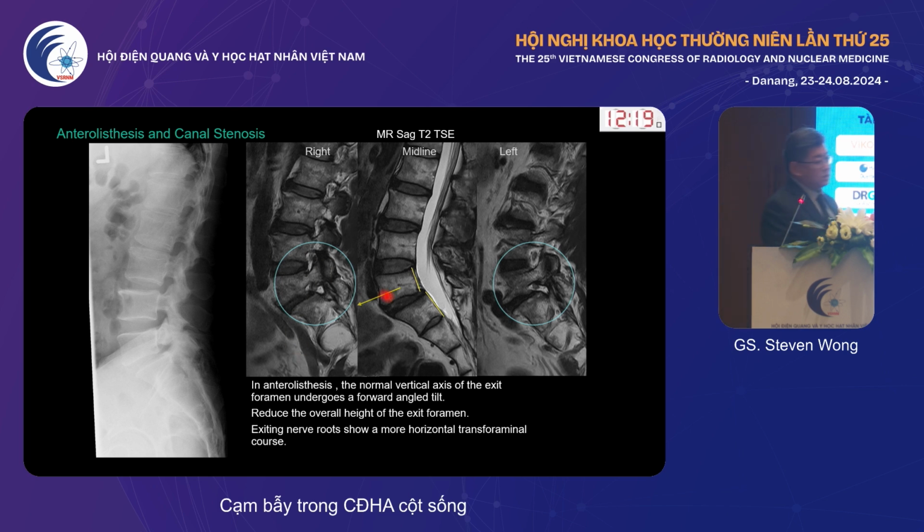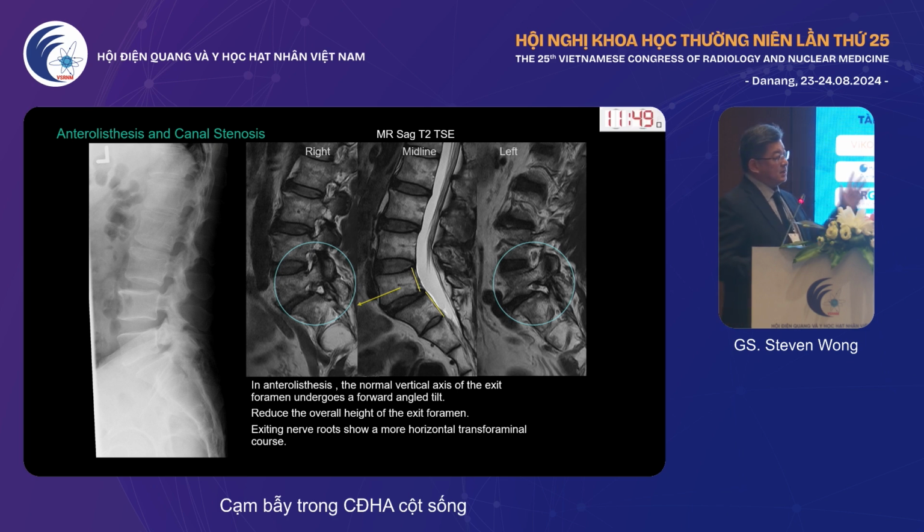So what happens during anterior listhesis is your neuroexit foramen changes shape, becomes flattened, and becomes slanted forward. And this means that your nerve root has a much more horizontal course over the exposed components of your intervertebral disc. And because we do our scans with the patient lying supine, you don't know the true degree of anterior listhesis or anterior subluxation.